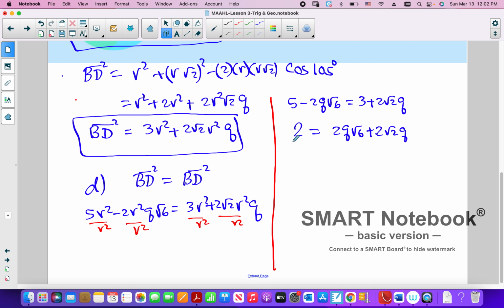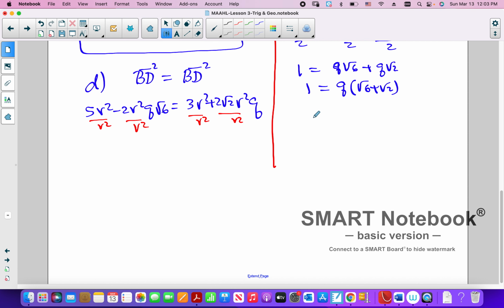Divide both sides by 2, that'll give me 1 is equal to cube root 6 plus a cube root 2. Take the cube as common factor, that'll be root 6 plus root 2 equals 1.